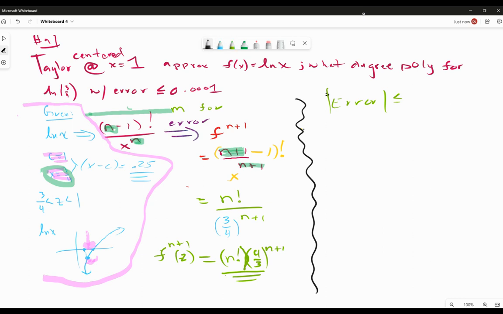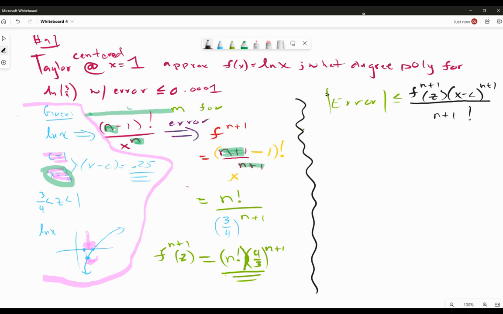Has to be less than f of n plus 1 of z times x minus c to the n plus 1 all over n plus 1 factorial. So we've got this piece right here.